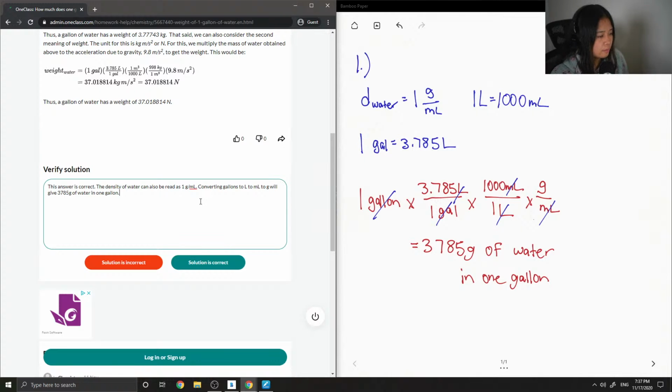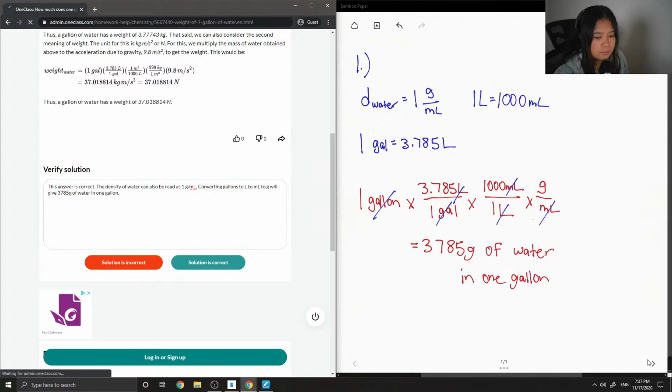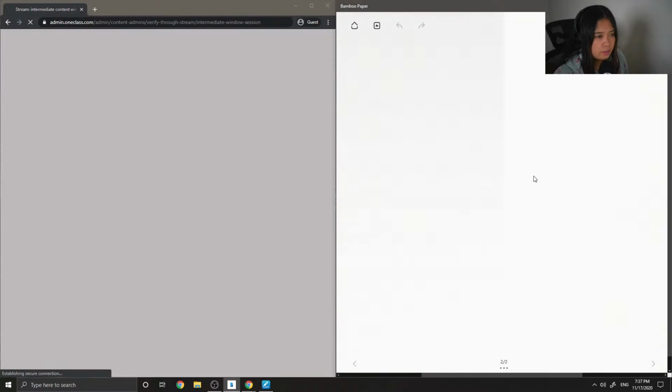So it depends on what density you find for water. But I'll still say the solution is correct.